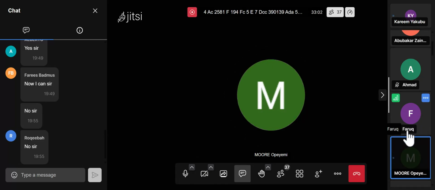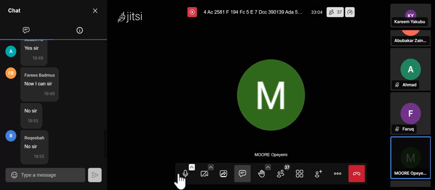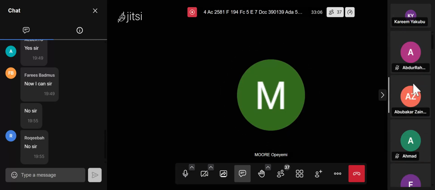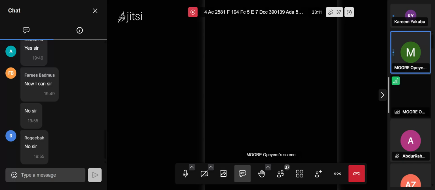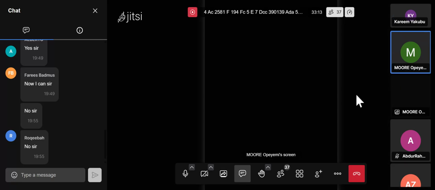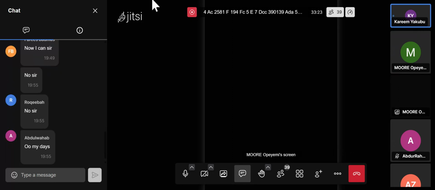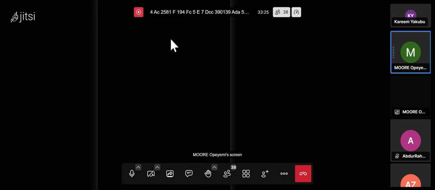Why is it so poor like this? I don't know why the network is that bad now. Should I continue if it's not coming up? I'm trying to share the screen now. But you can hear me clearly now, right? Yes, I can hear you. The screen is coming up gradually, but it has not shown. Why is the network that bad?